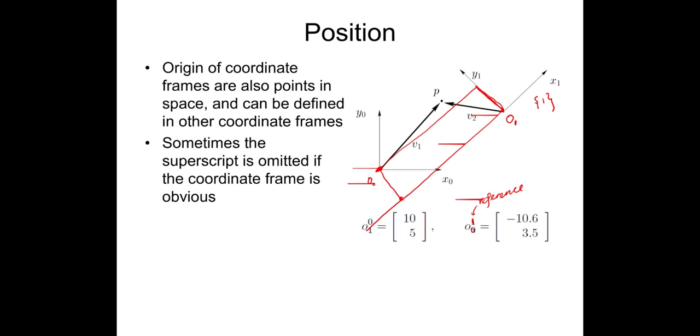Okay, and if we consider the O1 in the frame 0, it means we need to consider the position of O1 in the frame 0. So here is my projection, and here is my projection. If we measure that, this is 10, and that is 5. So if we consider the O1 in the frame 0, we will have this vector. So that is the position.